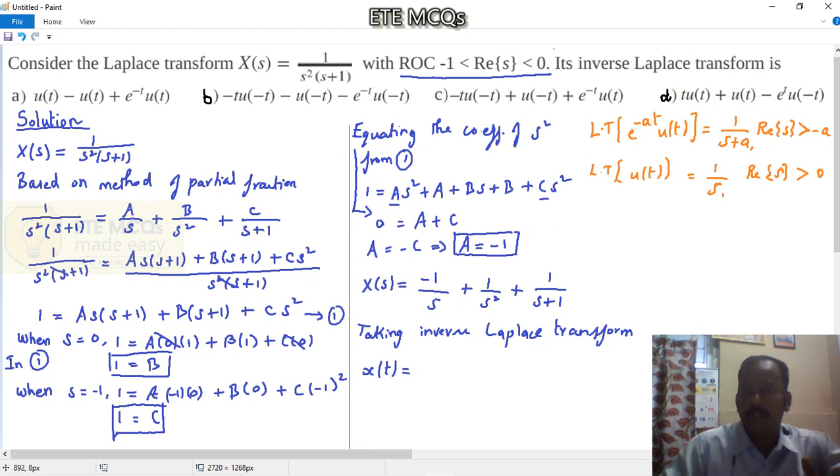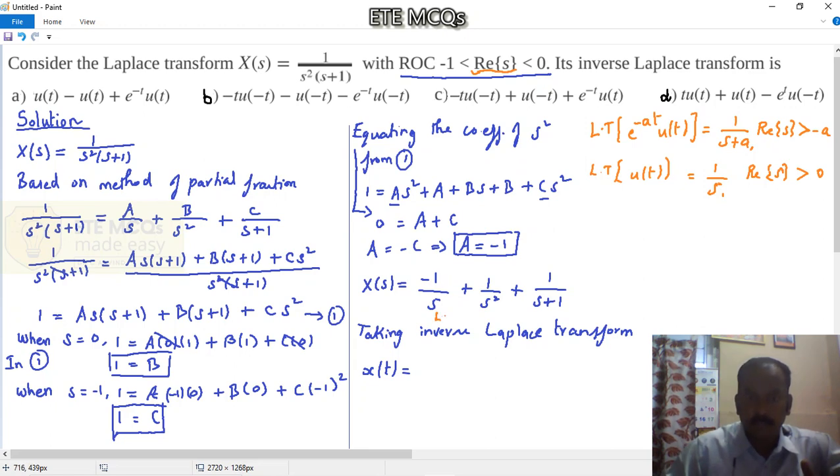Here the region of convergence should be inside 0, because this refers to the real part of s. Once you say that the real part of s is less than 0, it means that this 1 by s should be a left-sided sequence.